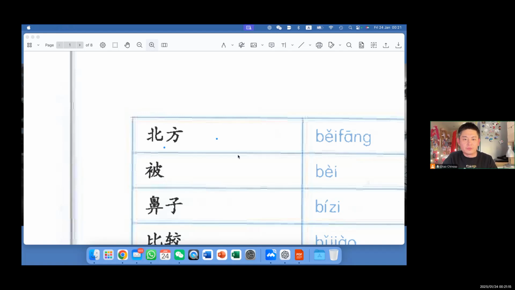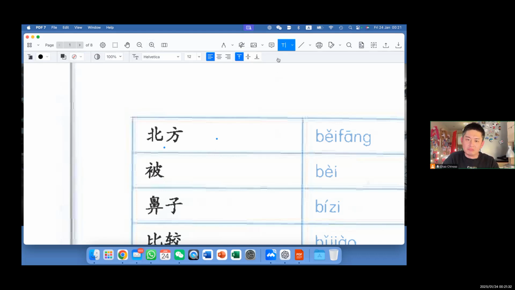The first one is called 北方. Bei is one direction. Don't see them anymore. But there are other directions, of course.